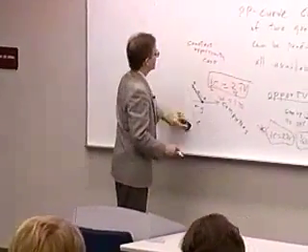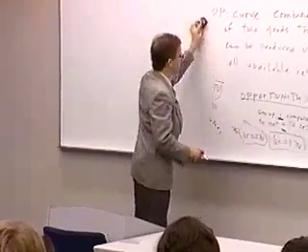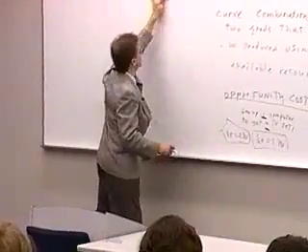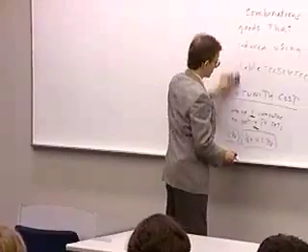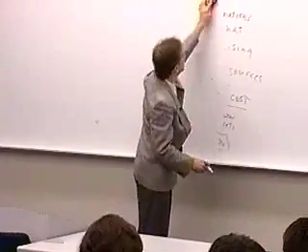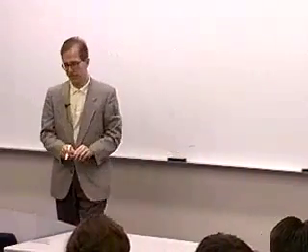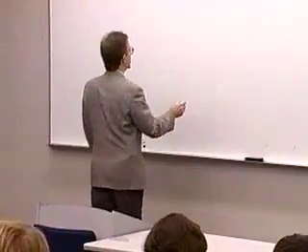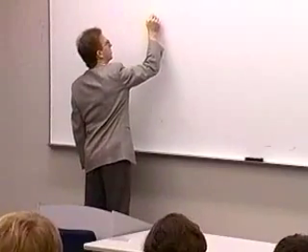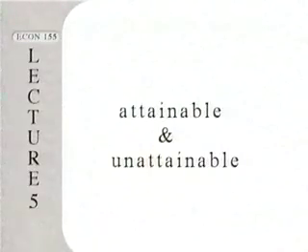But first, let's go on and talk about a few lessons that the production possibilities frontier illustrates. The first lesson, we can distinguish between attainable and unattainable regions.